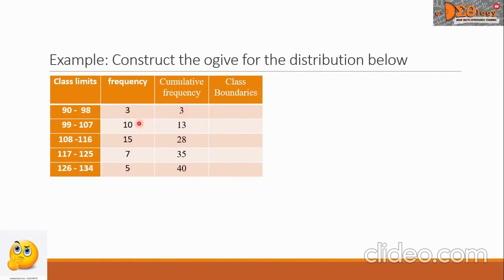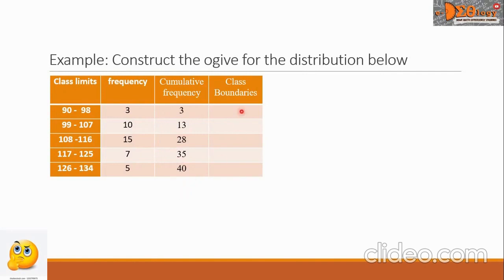Then 3 plus 10 equals 13. We write here 13. 13 plus 15 equals 28. 28 plus 7 equals 35. 35 plus 5 equals 40.